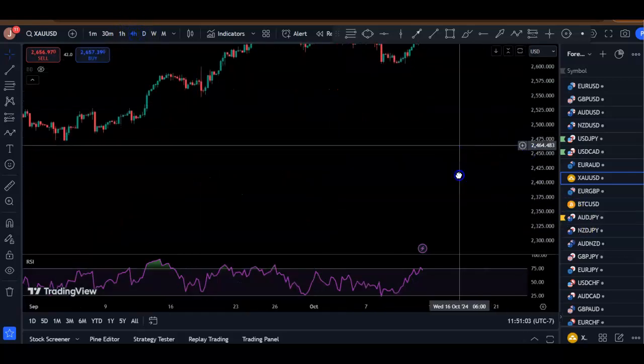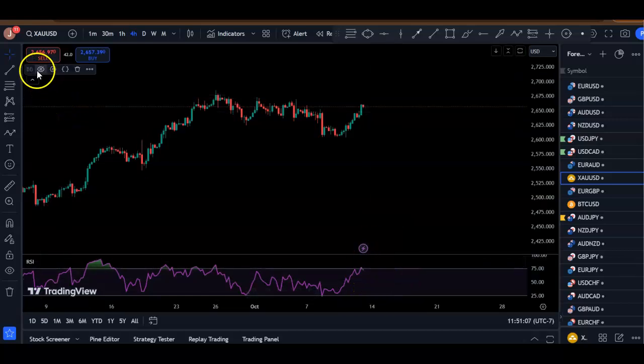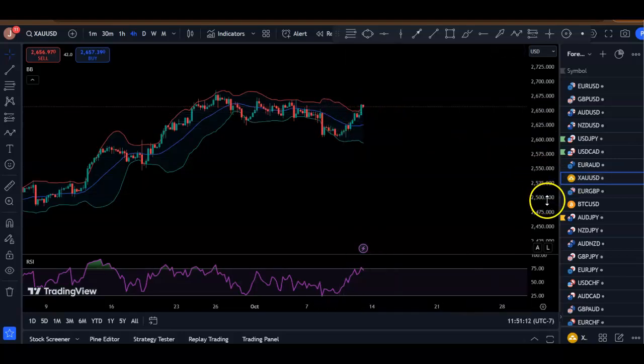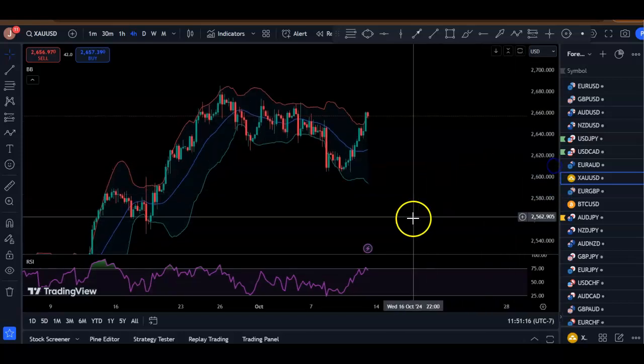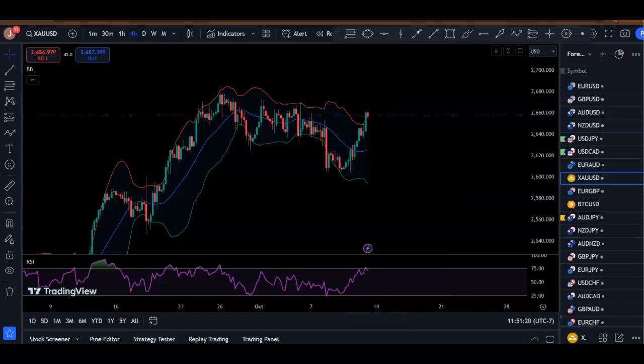So what we can do is just wait for the market to be overbought here in the RSI, and also it's outside of the Bollinger Bands already. But always, a better confirmation for me is when I have a divergence in the RSI before I sell.